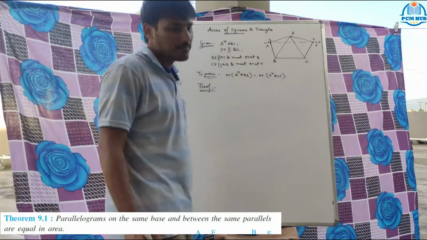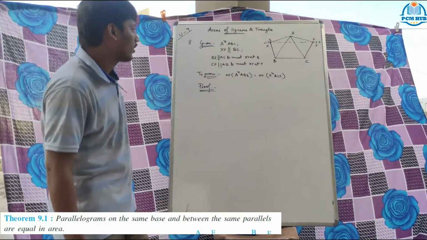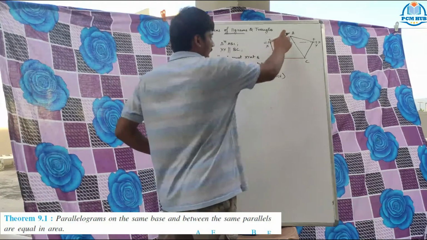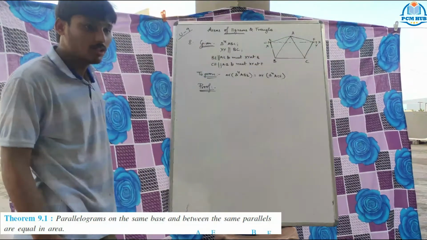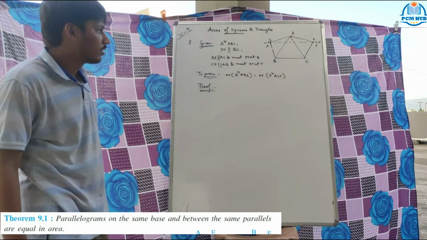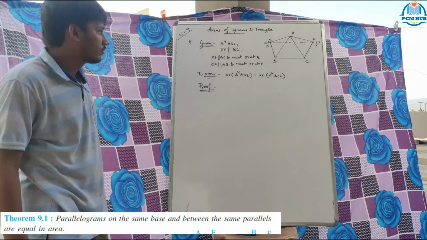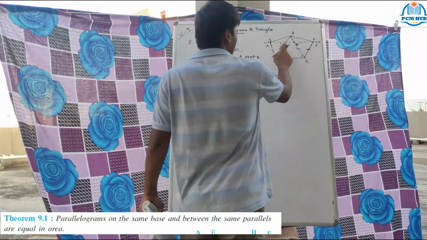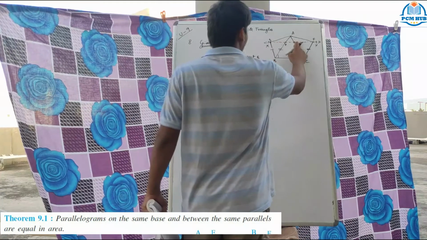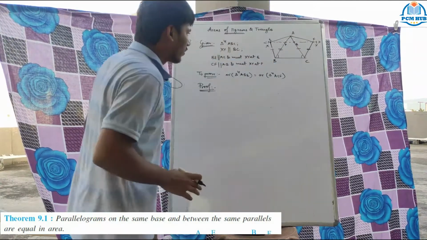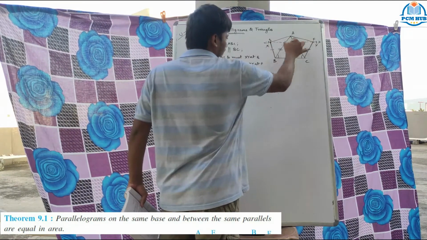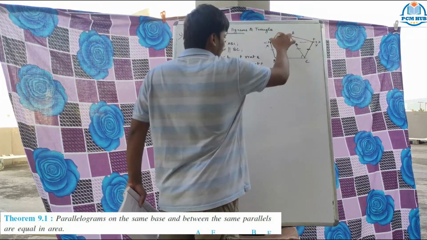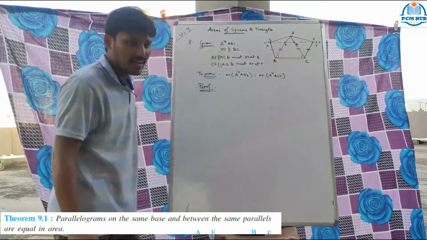Now you have to think here. What do you have to think? You want to prove these two areas to be equal. Now you know that these two sides are equal, so no need of going for this. Now you can see that this is a parallelogram, right? This is a parallelogram and this is a triangle.